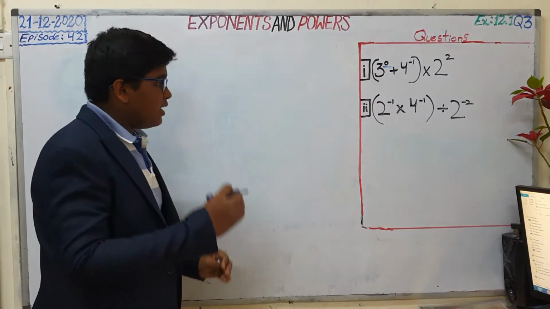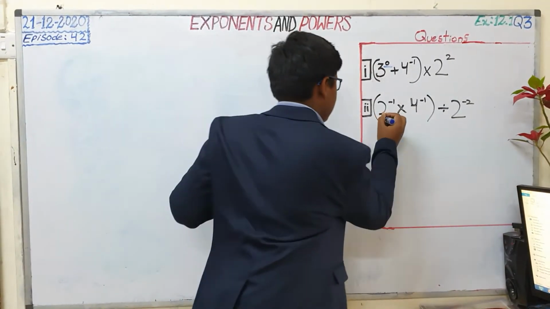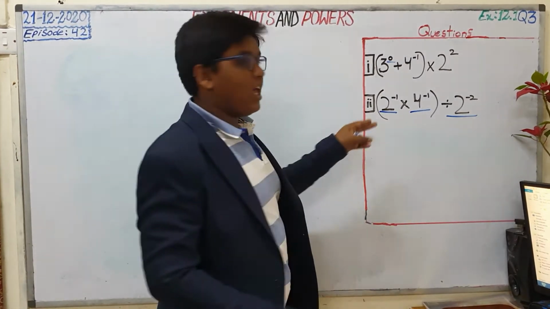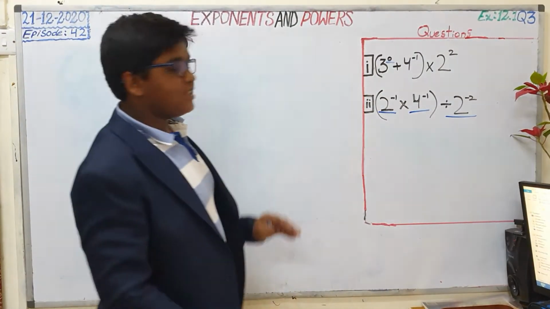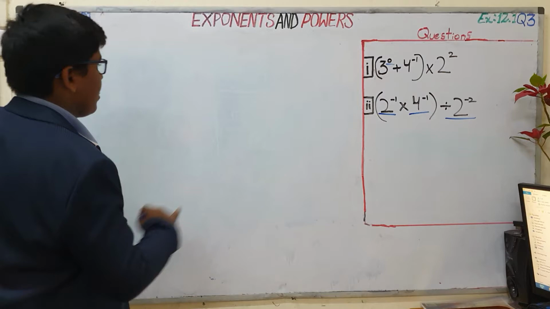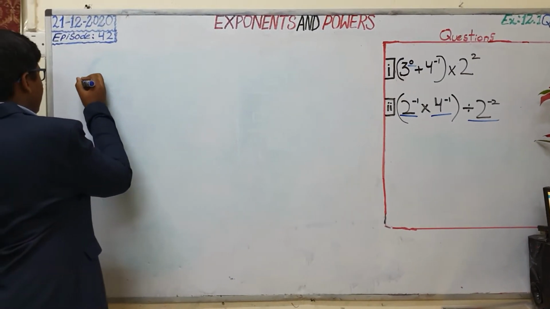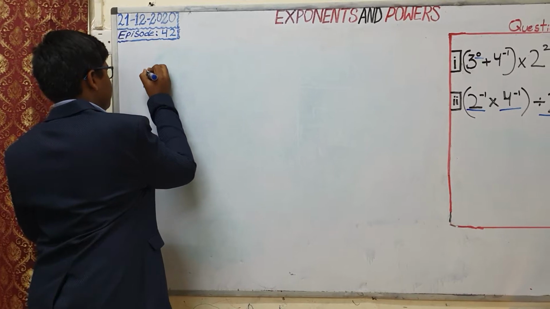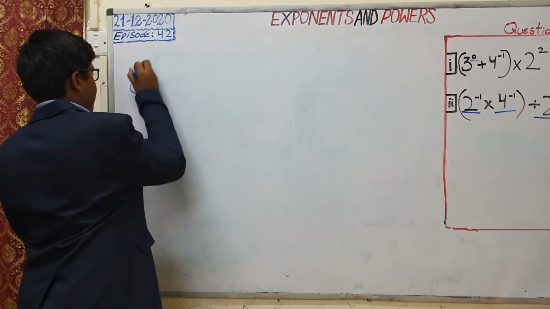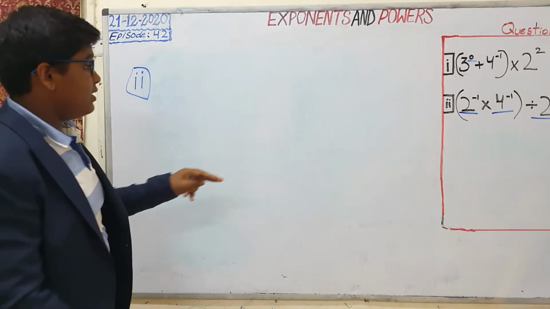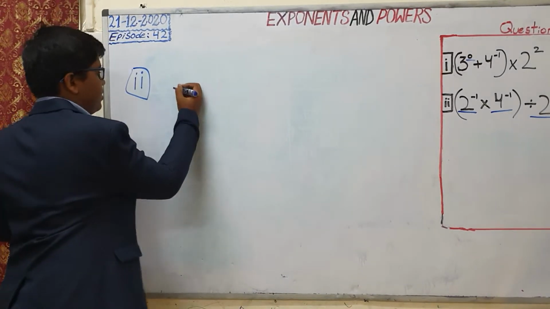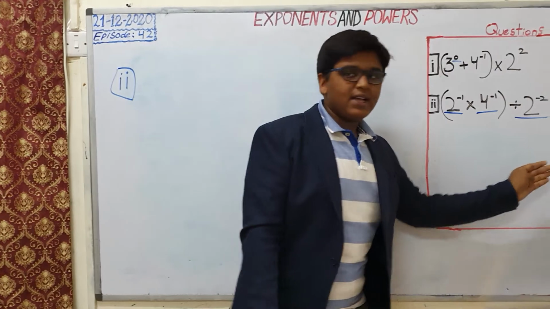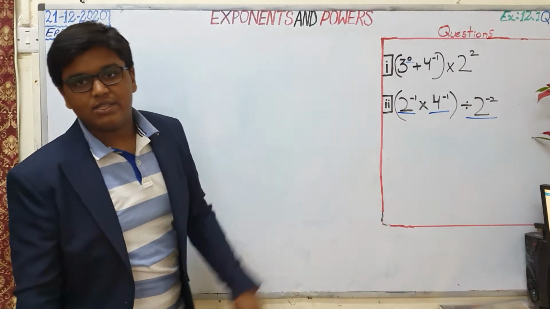Now here in each term we have the power in the exponent with a negative sign.